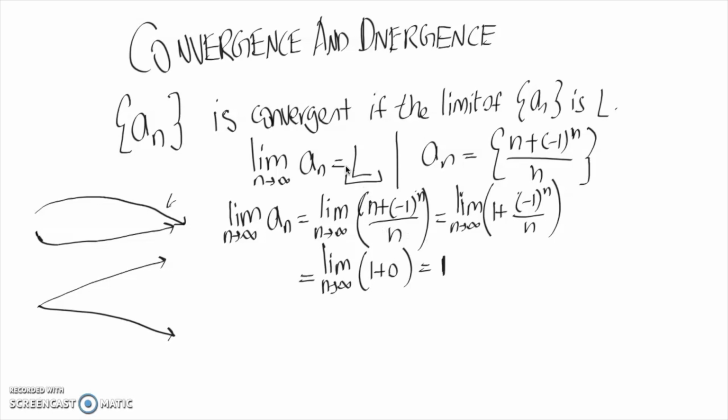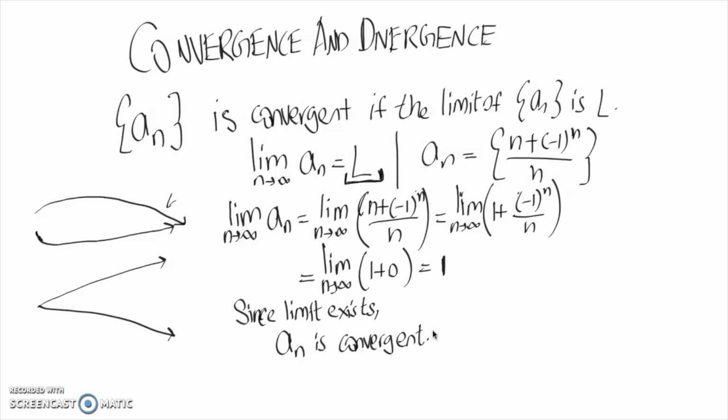So referring back to the initial requirement for this sequence to converge, a limit has to exist and it has to equal some value. So since the limit exists, sequence a_n is in fact convergent.